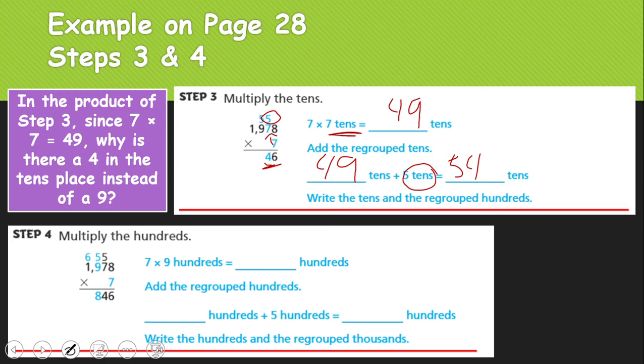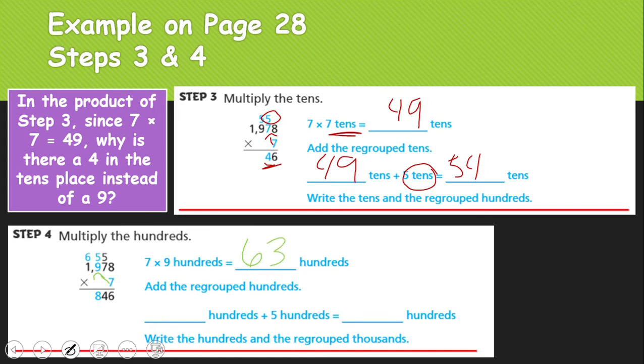Now, after we multiply the tens, we're going to move on to the next place value to the left, which is the hundreds. Good, very nice. Now, in our hundreds, we're going to multiply 7 times 9 hundreds. You have to make sure to multiply the next place value. So 7 times 9 is a basic fact of 63.